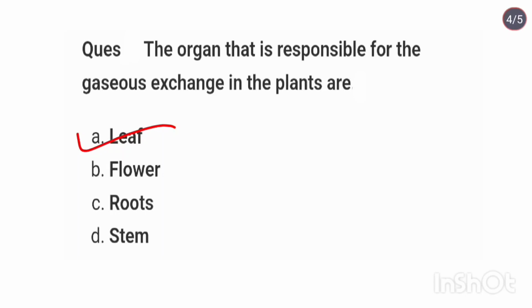They are in direct contact with the air. Stem helps in providing support to the leaves and helps in conducting minerals and water to the leaves. The roots are used for the exchange of minerals and water in the soil, while the flower is the reproductive organ of the plant. Therefore, the gaseous exchange takes place through the leaf.